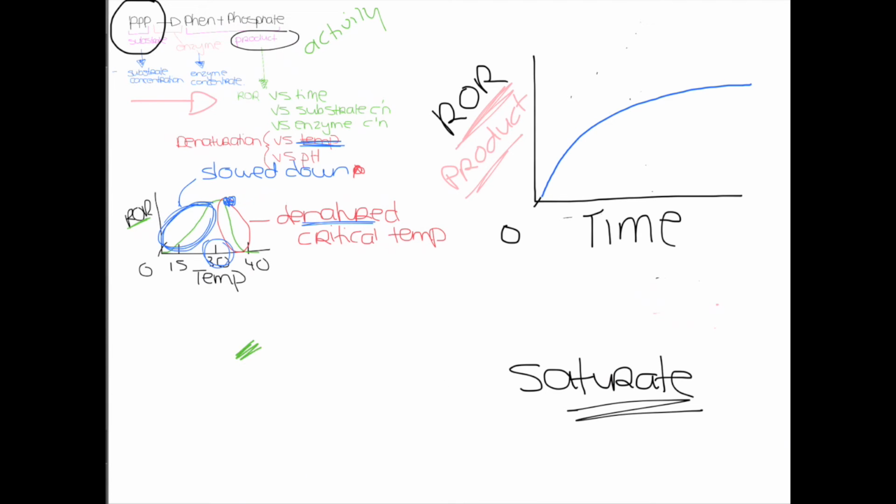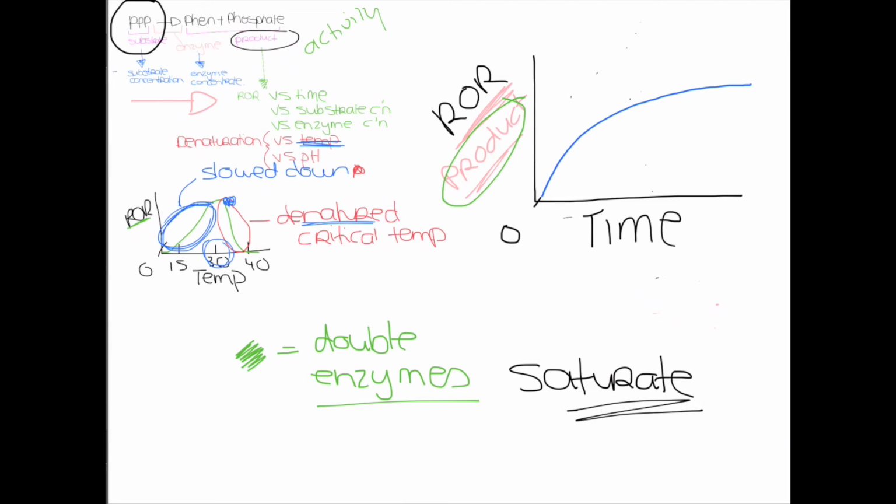But then what happens if the question says to you, in green, I would like you to show what would happen if you had doubled the amount of enzymes? If you double the amount of enzymes, is that going to change the amount of product that you have?